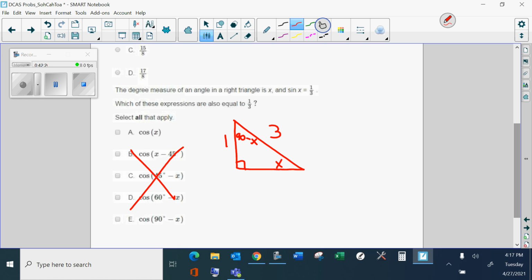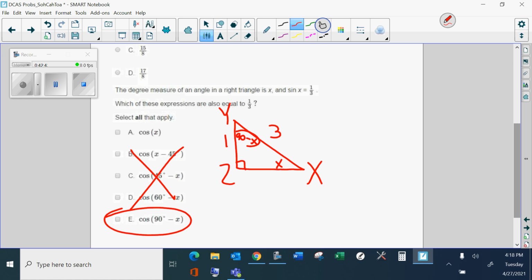Okay, and we'll just call it angle x, and we'll call this angle y, and that z, for example. So which is equal to 1/3? It'd be the cosine of 90 minus x, right there.